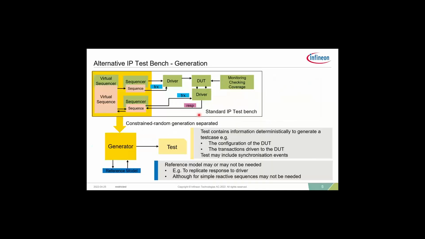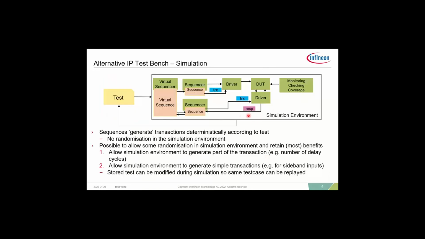Maybe not. Maybe using synchronization events in the test may be a better way of doing this. It's hard to think of a case. But if you want your timing to really depend on a DUT state, which isn't easily decodable as a synchronization event, then maybe you'd want to determine the timing in the simulation environment.